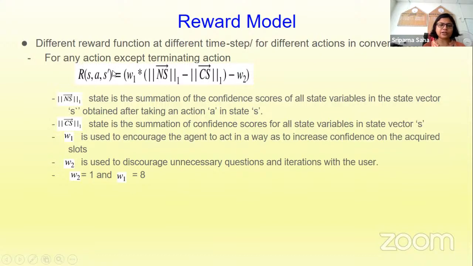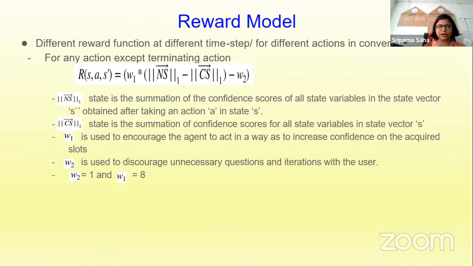For any action except the terminating action, we have this R(S, A, S'). S is the current state, S' is the next state, and A is the current action. So you have this NS, which is the summation of the confidence scores of all state variables in the state vector S' obtained after taking an action A in state S. Suppose after taking an action, the action is translated into a response.